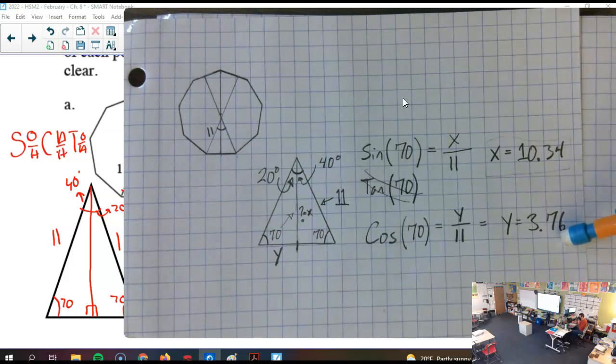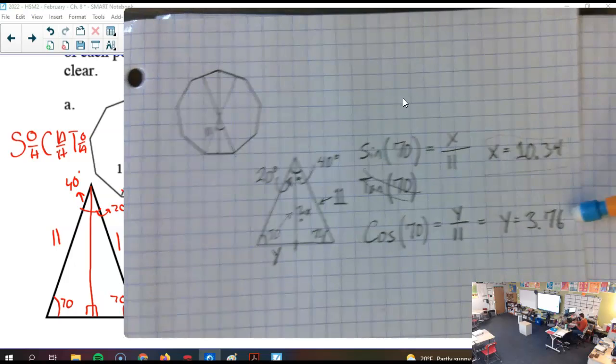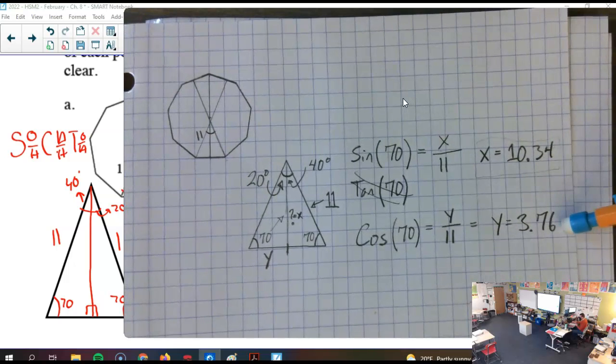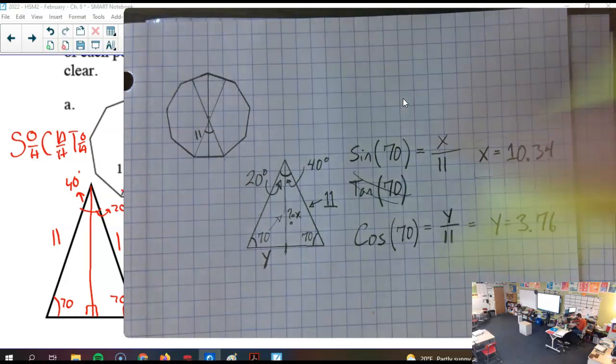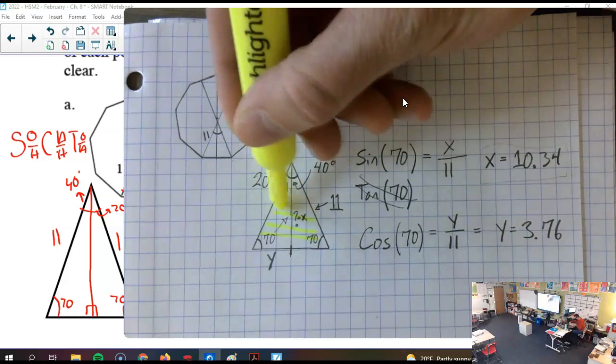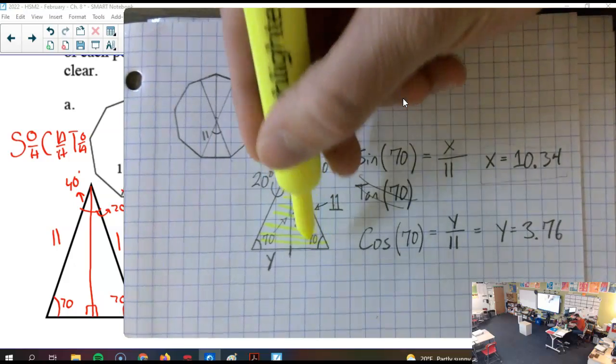So here's the convenient thing. The area of a triangle is half the base times the height. We already have half the base. If we want to look at this entire isosceles triangle, it's just x times y.